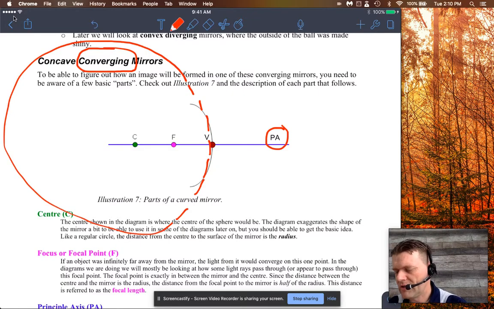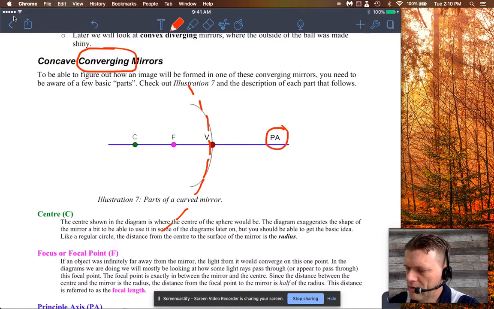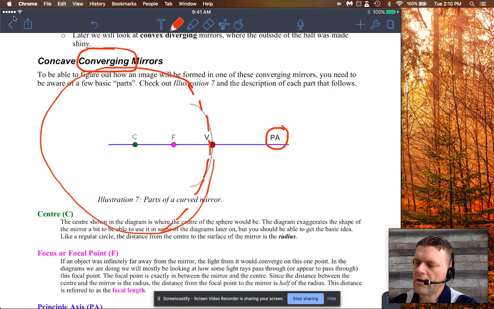Obviously that's not a very good circle, but I could probably make that a little closer to what it really should be. Maybe something like this. So the point is that C is the center of curvature of that mirror.